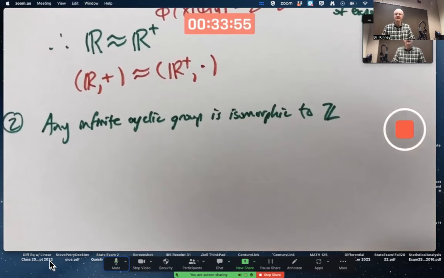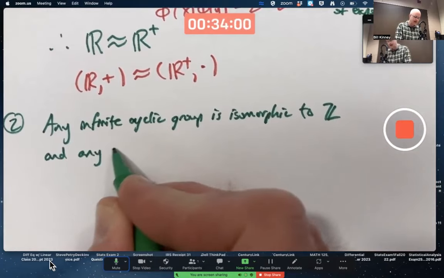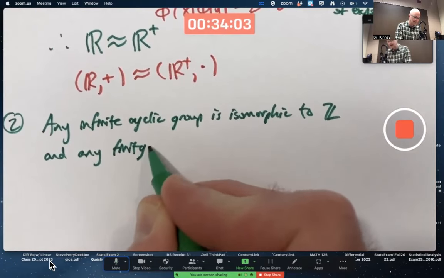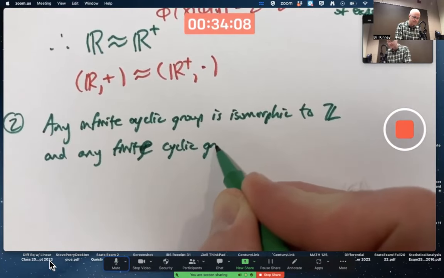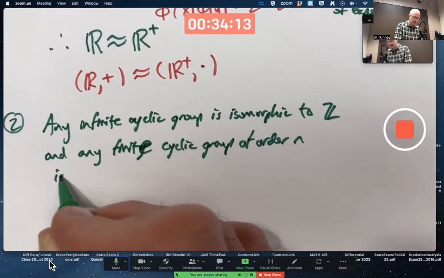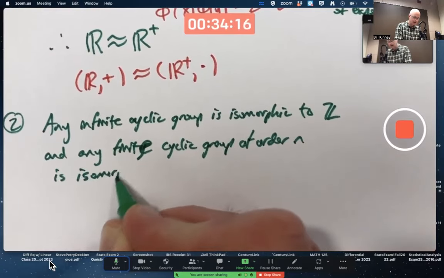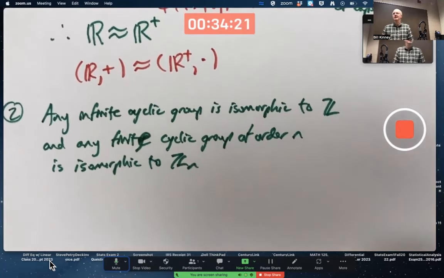Any infinite cyclic group is isomorphic to the integers, and any finite cyclic group of order n is isomorphic to Zn. This is a claim. Essentially, you could call this a theorem. I'm not going to fully prove it, but I want to write down some things that would help you believe it.